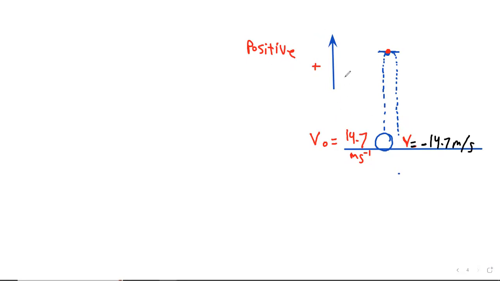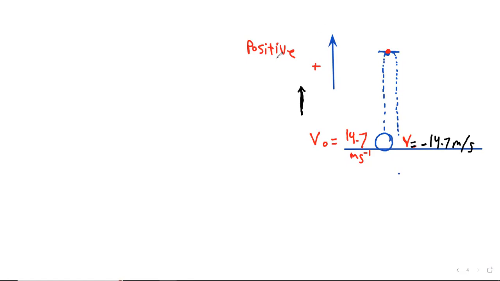The positive sense here is upwards, and the body is moving in this direction, so the acceleration here is positive, and the velocity decreases.